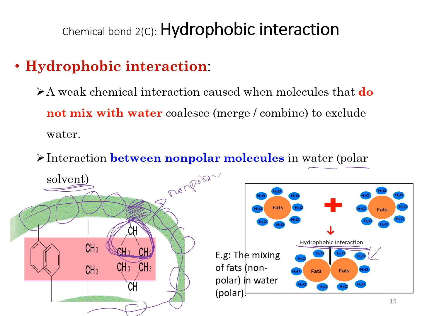In this region you have another amino acid with a non-polar side chain. The non-polar regions of the amino acids will attract each other to form hydrophobic interaction. This region where hydrophobic interaction forms will exclude itself from the surrounding aqueous solution. Outside here you have the aqueous solution. These two amino acids will exclude themselves from water because they have non-polar side chains.